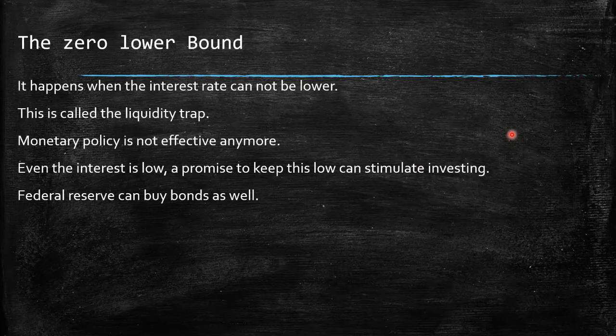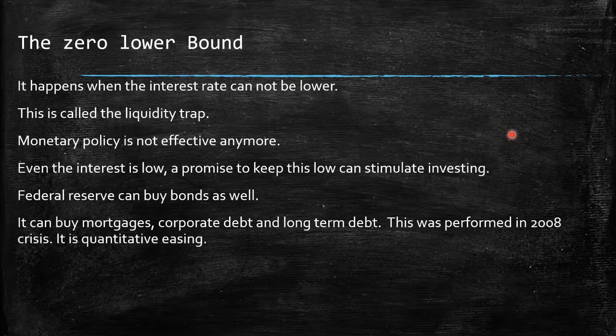It could be another way when you are facing a liquidity trap. More specifically, in 2008 and in this COVID-19 crisis, it started to buy different securities to inject money into the economies, so they can buy mortgages, even corporate debt and long-term debt.